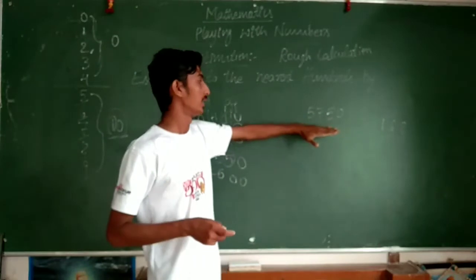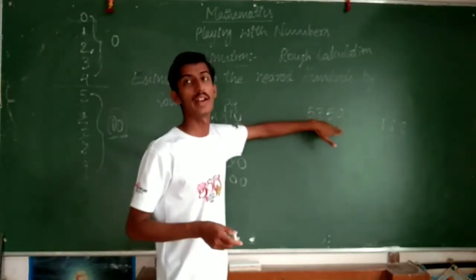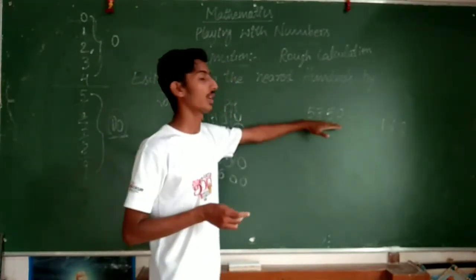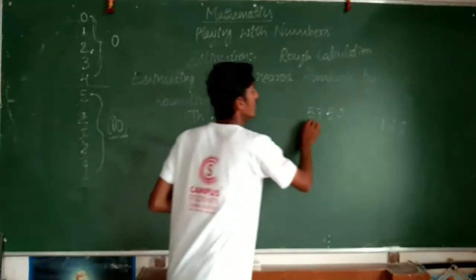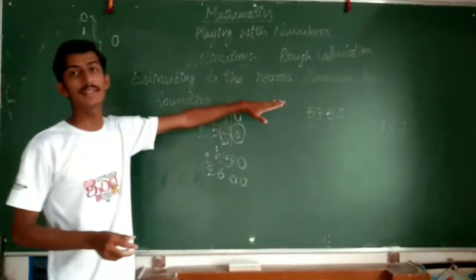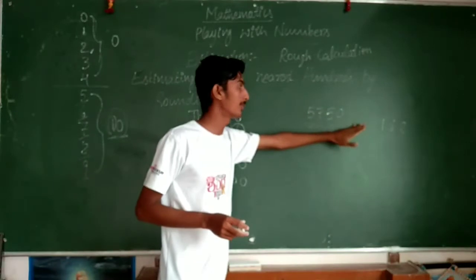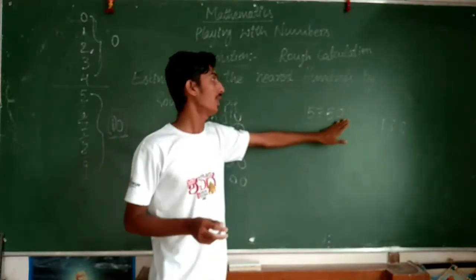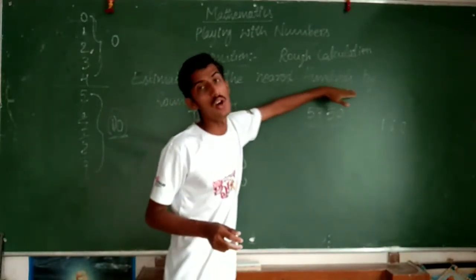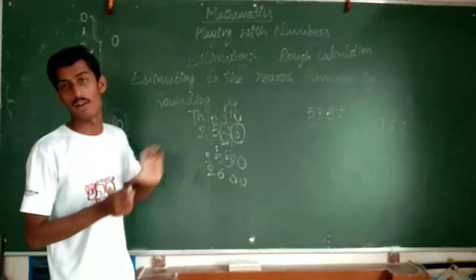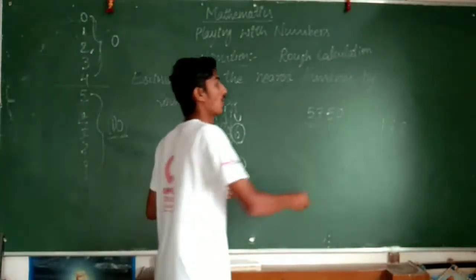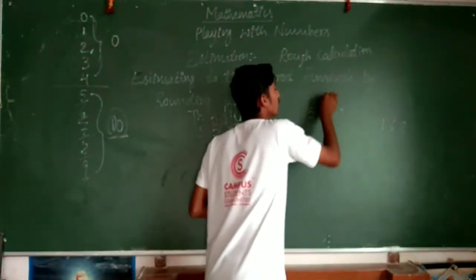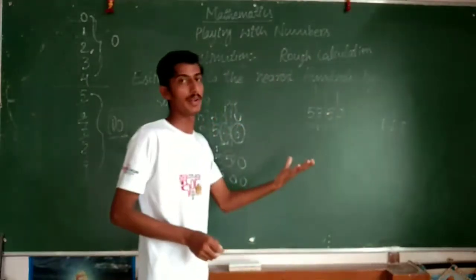Another example, 5750. Now we have to put 0 in unit place and 10 place to get the nearest 100 of rounding off. Then we have to place a place value chart in the number.